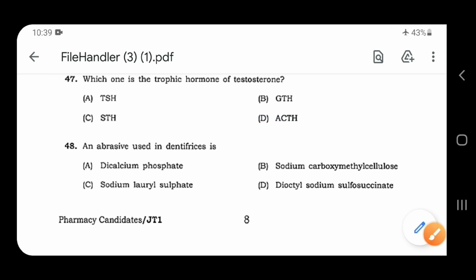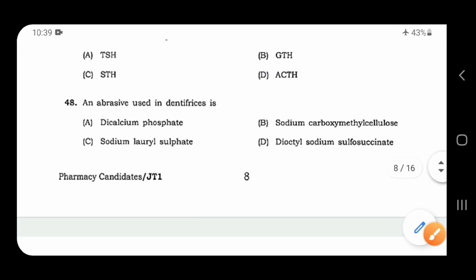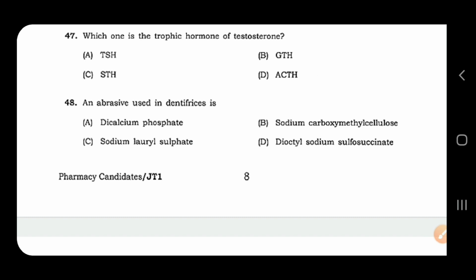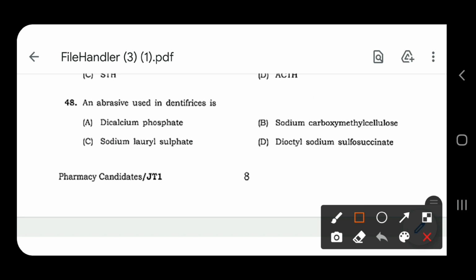Next is question number 48. An abrasive used in dentifrices is dicalcium phosphate, sodium carboxymethyl cellulose, sodium lauryl sulfate, dioctyl sodium sulfosuccinate. Here the correct answer is A, that is dicalcium phosphate.